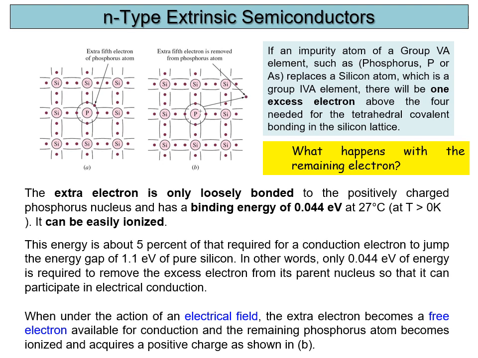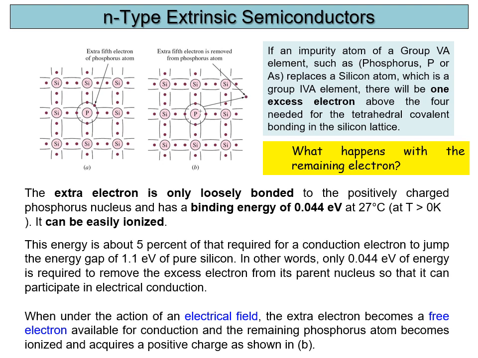N-type extrinsic semiconductors. If an impurity atom of a group 5A element such as phosphorus or arsenic replaces a silicon atom, which is a group 4A element, there will be one excess electron above the 4 needed for the tetrahedral covalent bonding in the silicon lattice.